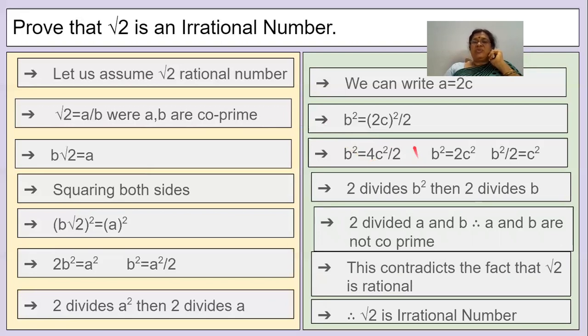If you solve the problems according to these steps, the framework should be the same as it is when you face this problem in the final examination. Almost 14 steps are there in this problem. These 14 steps should repeat as it is. So instead of taking 2 in this place, you can take 3, 5, 7, 11, like that.